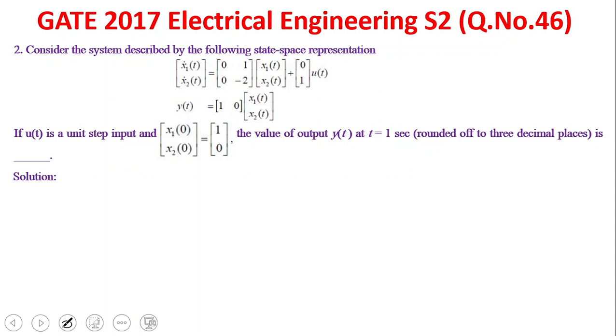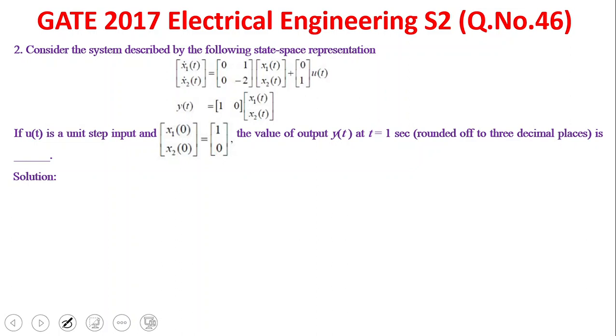Consider the system described by the following state space representation: x1 dot, x2 dot equal to [0, 1; 0, minus 2] times x1 of t, x2 of t plus [0; 1] u of t, and the output equation is y of t equal to [1, 0] times x1 of t, x2 of t.